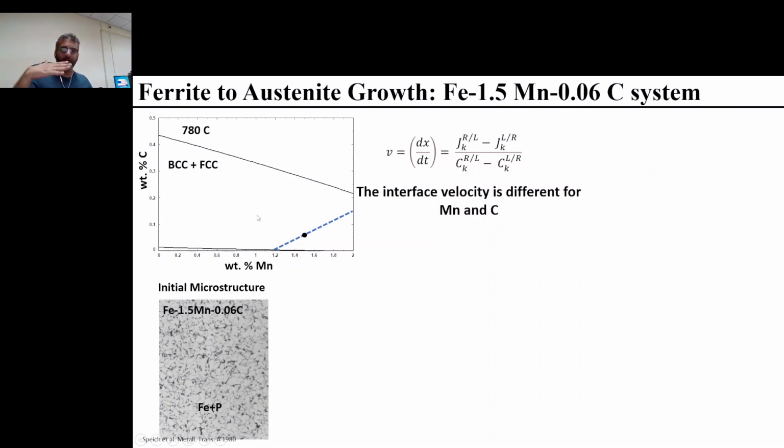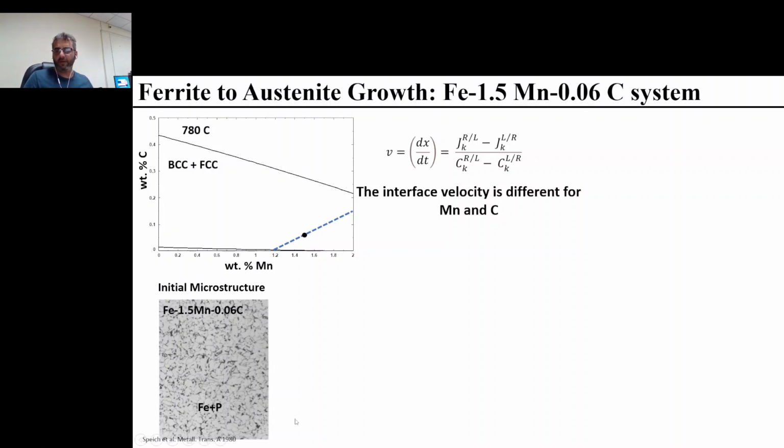So the system during the growth process can assume any number of tie lines across the planes, and we have to find a unique tie line so that the interface velocities of manganese and carbon are almost equal or within some range of tolerance. So this is the exercise that we have to do for solving this problem.